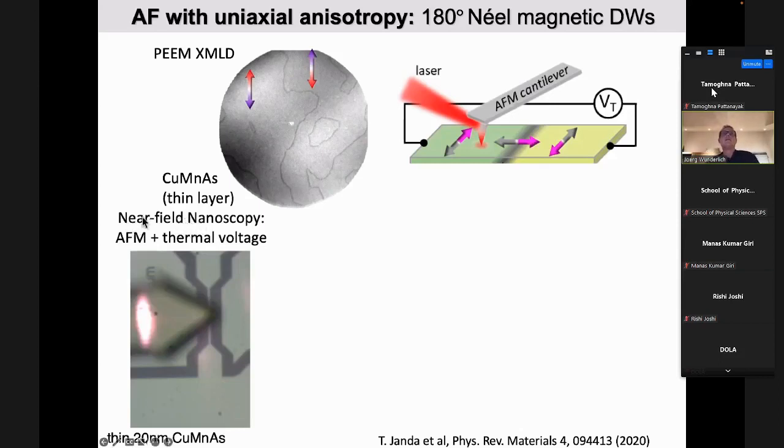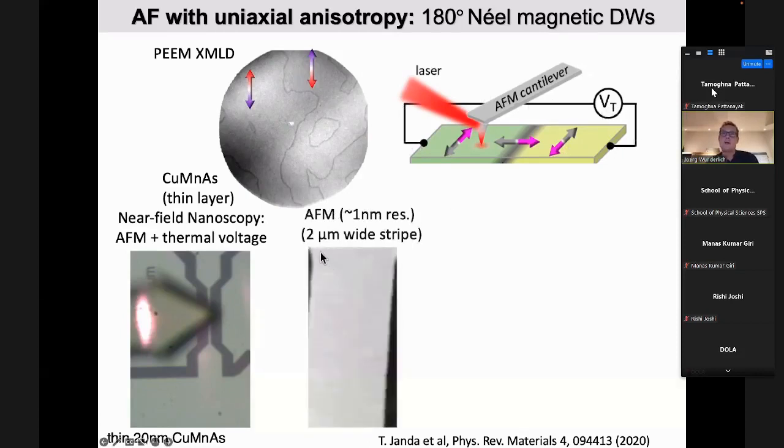We did this near-field anisotropy, where you shine a laser light on this metallized tip, and the near field generates locally a small heat gradient of very small dimension. And what you measure globally is the electric response. And here you see the AFM picture of this measurement. It's just a stripe 2 micrometers wide, with no structure.